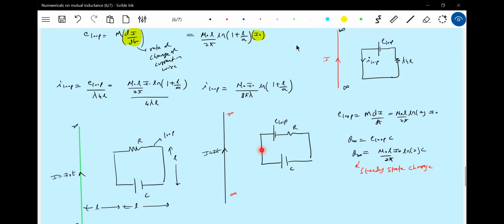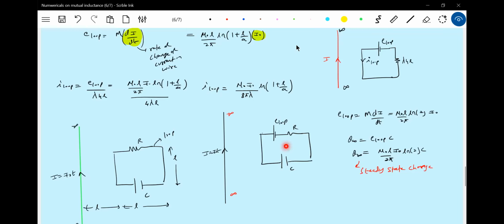Sir, I want the current in the loop at any time t. I think we should go for the concept of an RC circuit. What will be the current in this at steady state? It should be 0, no? Please don't get confused here. If it were only resistance, okay. Because of the capacitor, now you bring the induced EMF just like a cell, that's all.